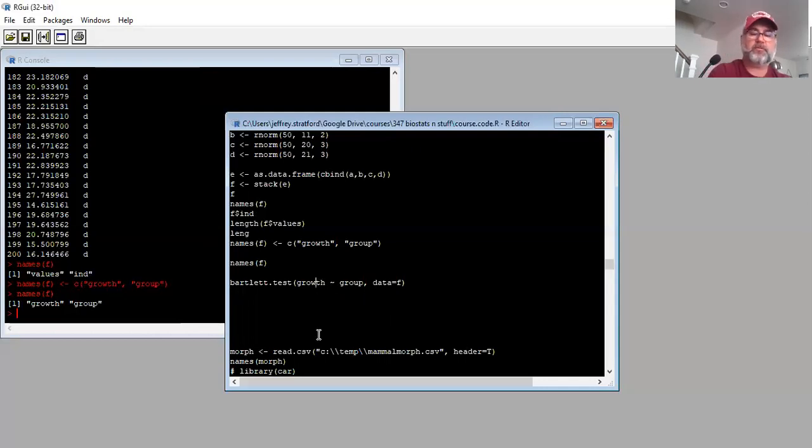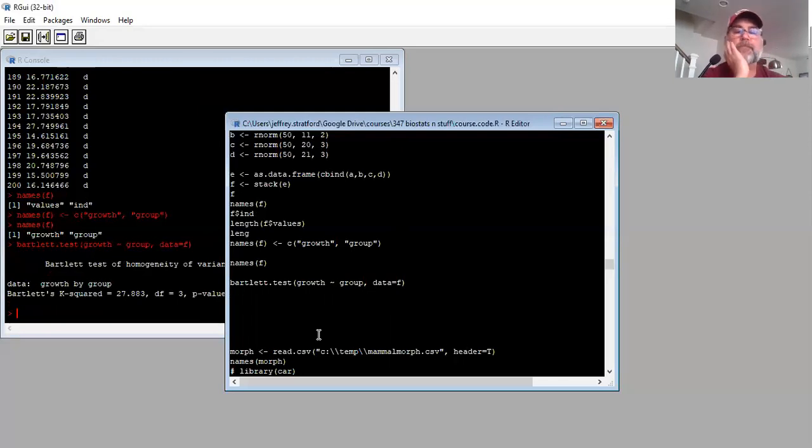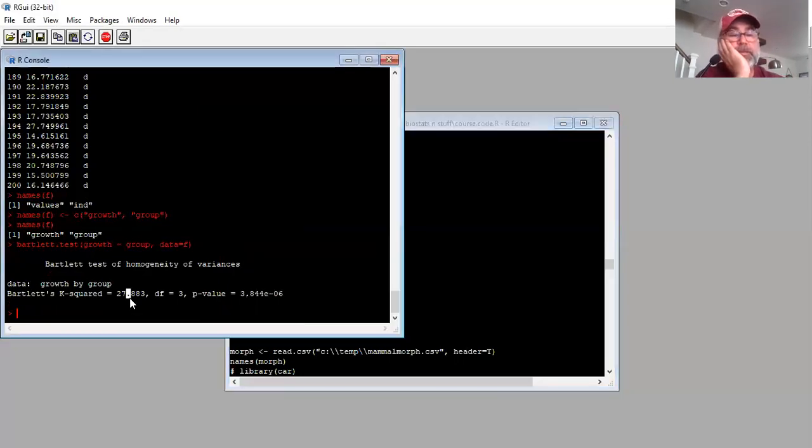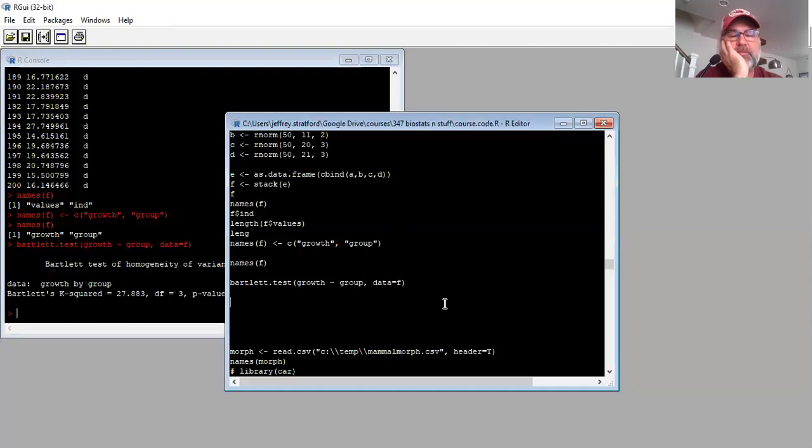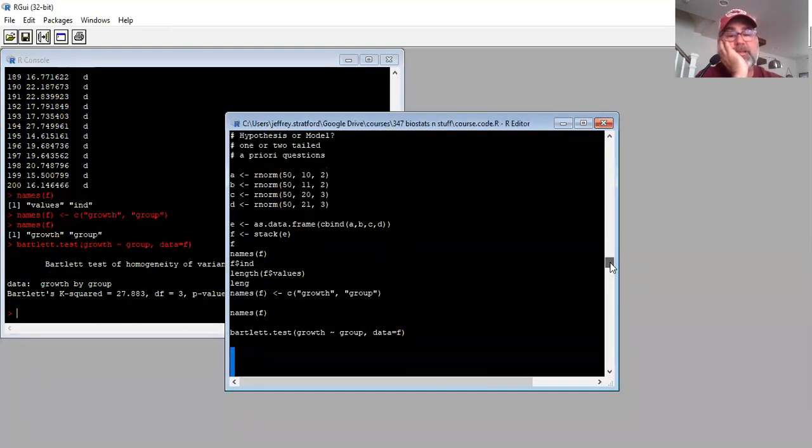So we'll look at this test, Bartlett's test, and is the variance equal? With 3 degrees of freedom, the P is significant, which means that our variances are not the same.